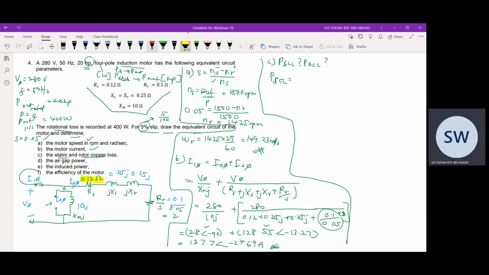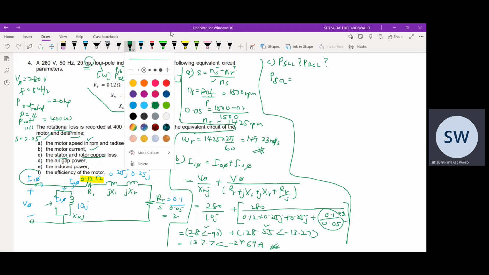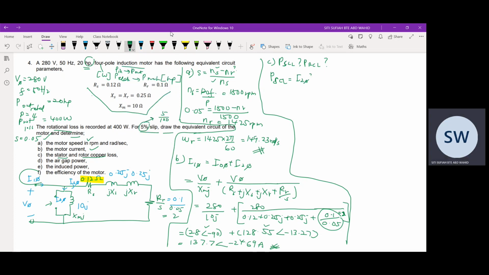We can see that the current that flows through the stator resistor is I2 phase. So I2 phase squared times R stator.